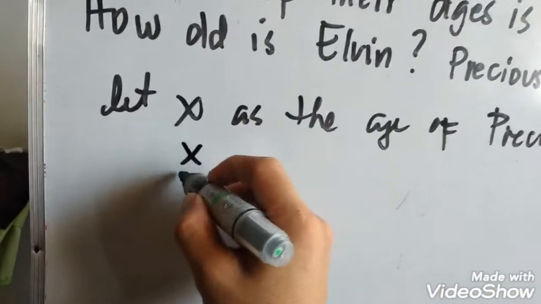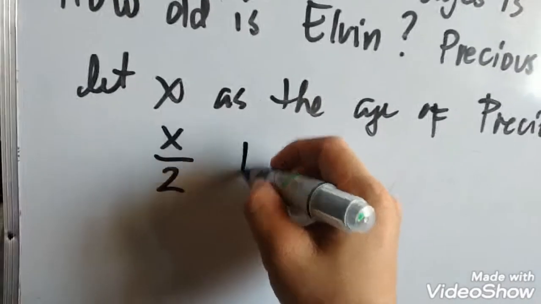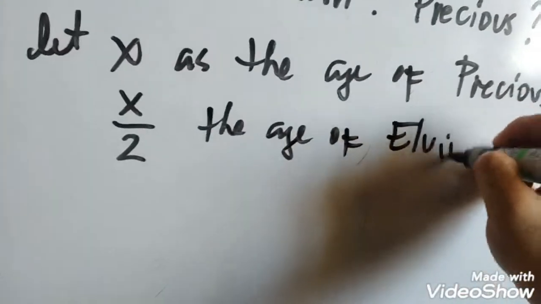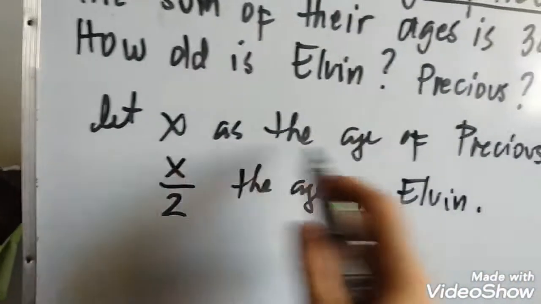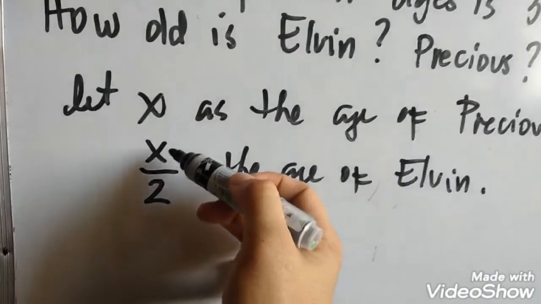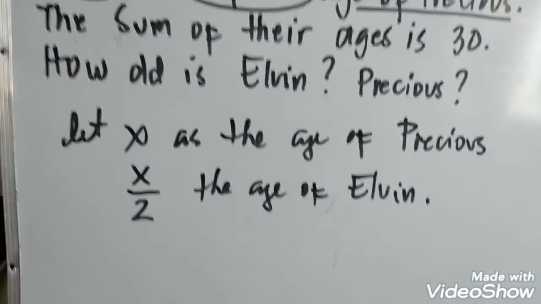Therefore, we need to divide the age of Precious by 2, and that will be the age of Elvin. So x is the age of Precious since we do not know the age yet, and x divided by 2, that will be the age of Elvin.